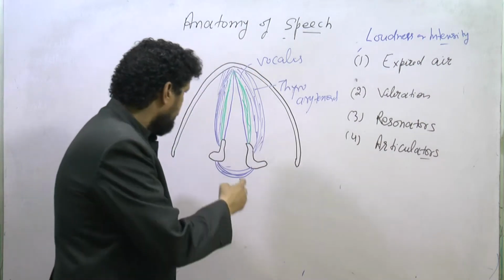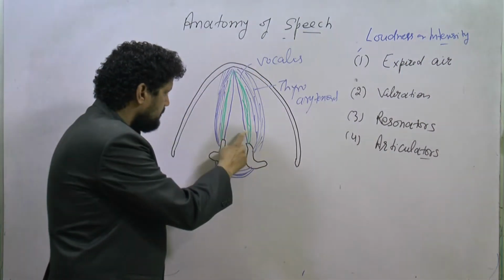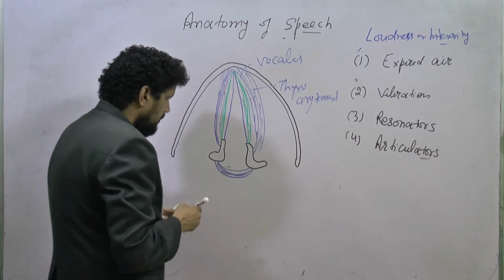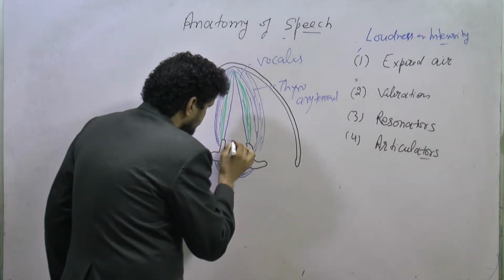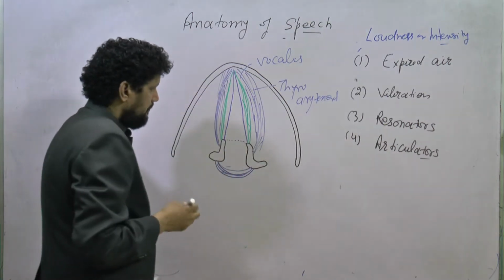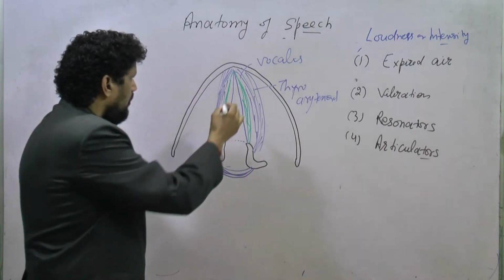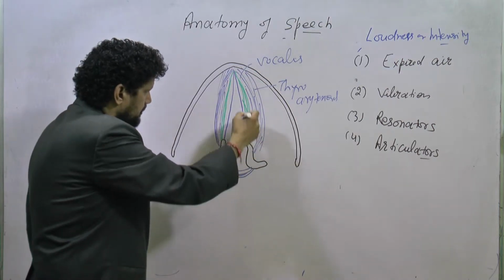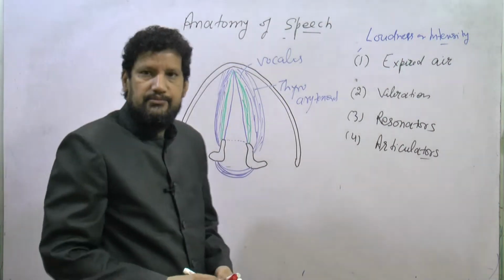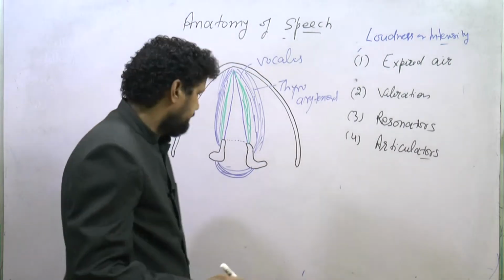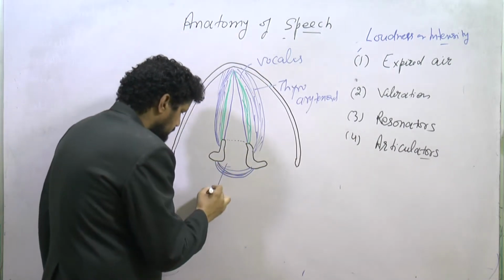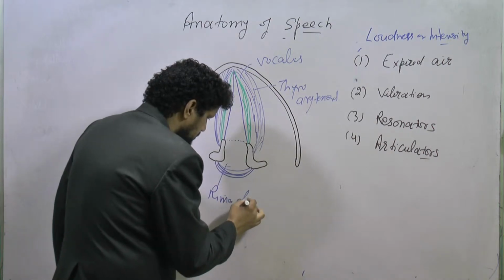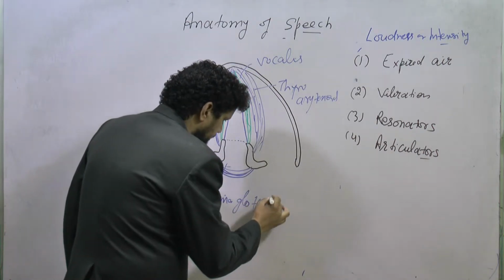The opening between the two vocal folds is triangular. This opening from here up to here is known as the rima glottidis.